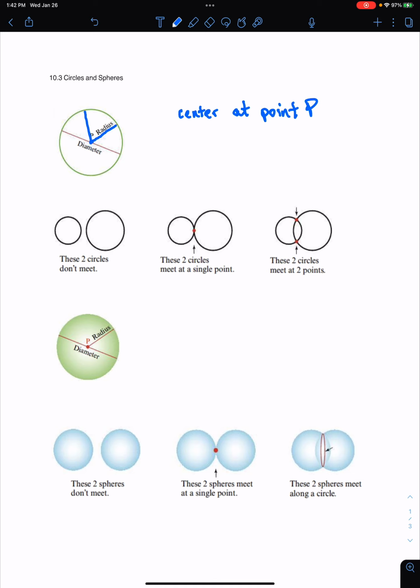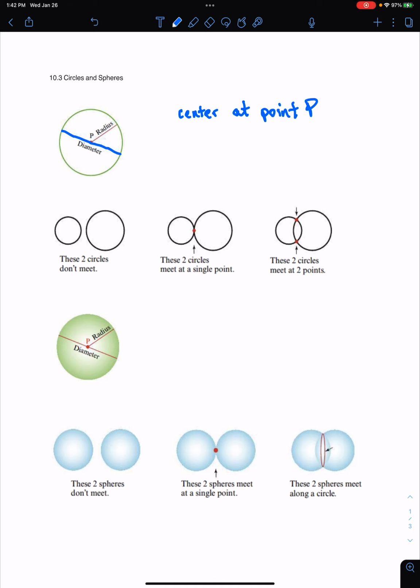side of the circle. And then we have to talk about the diameter. So the diameter is the distance from one side of the circle through the center and to the other side of the circle.